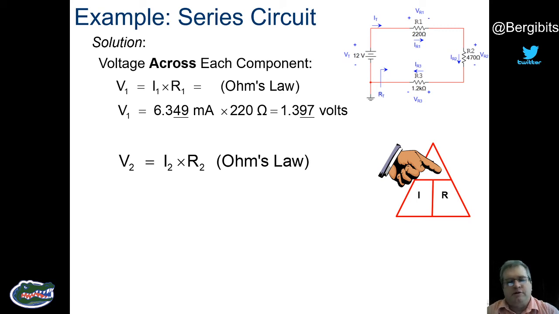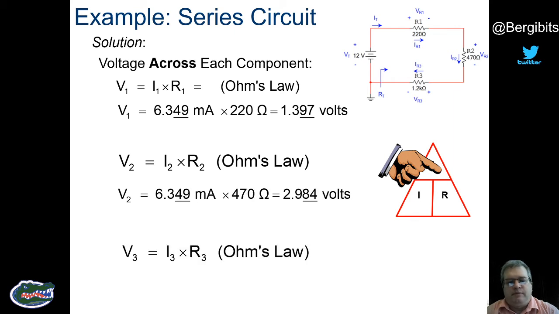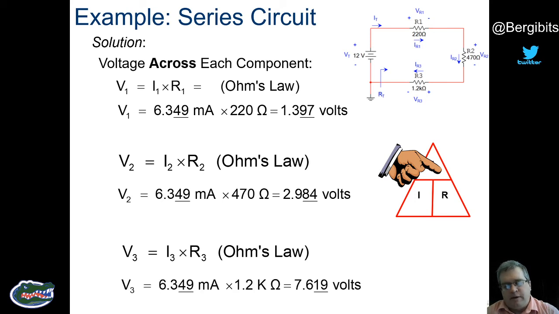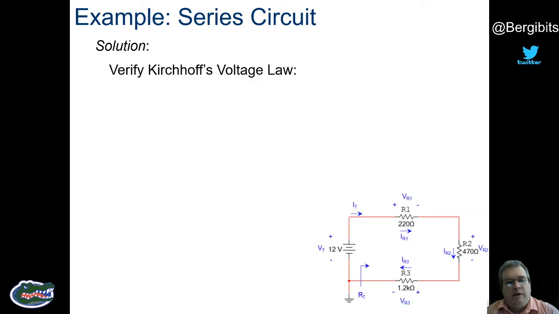Voltage 2 equals current 2 times resistance 2: 6.349 milliamps times 470 ohms equals 2.984 volts. And in a series circuit, the current is going to be the same across each component. So 6.349 milliamps times 1.2 k ohms equals 7.619 volts.